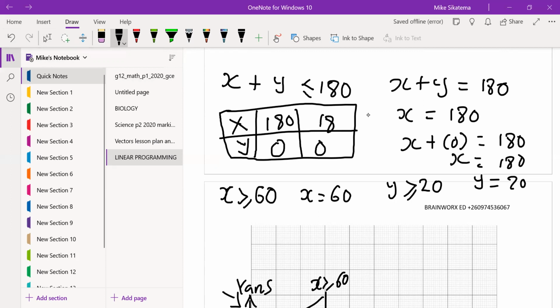So these are the points: 108, 0 and 0, 108. So these are the two coordinates.